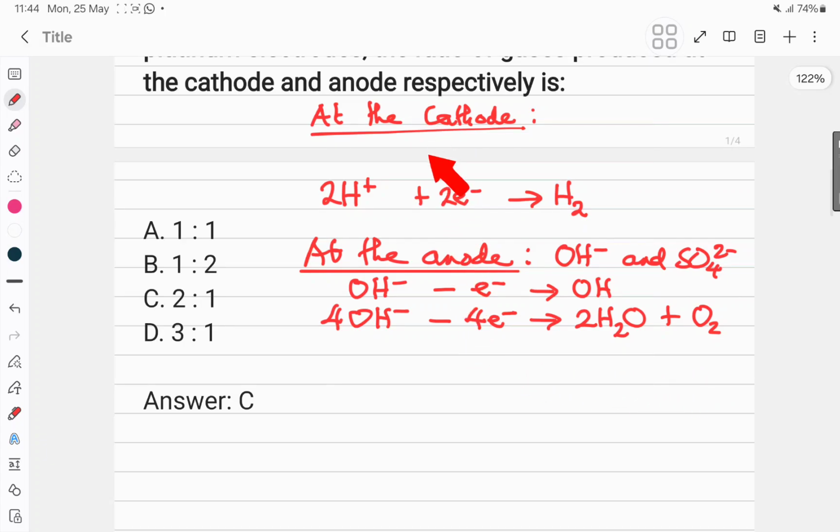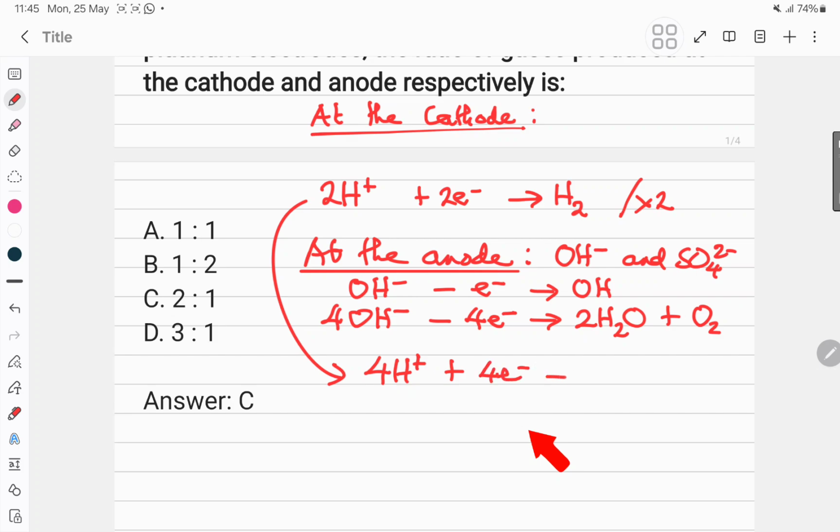Now, for us to combine the 2 half equations, we need to make sure that the number of electrons are equal. We equalize the number of electrons in both equations. So I will have to multiply this by 2. On multiplying by 2, we have 4 moles of hydrogen ion gaining 4 moles of electrons to give 2 moles of hydrogen gas.